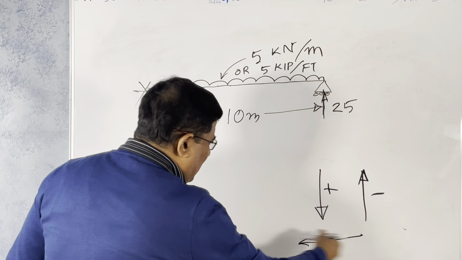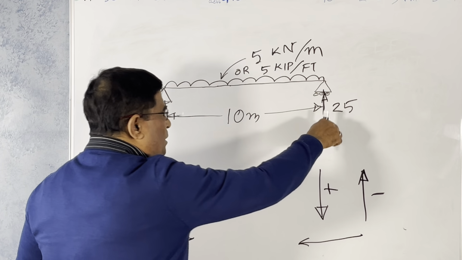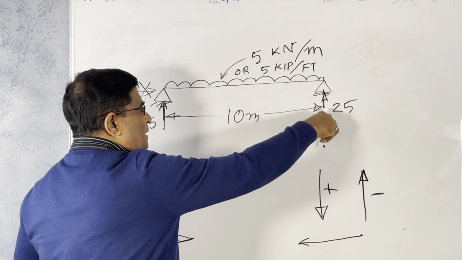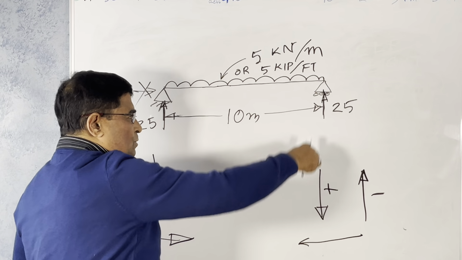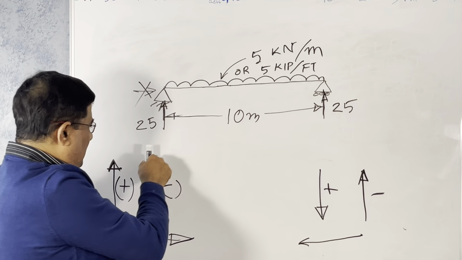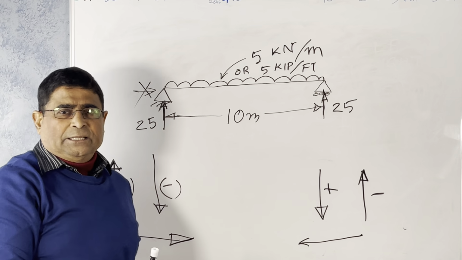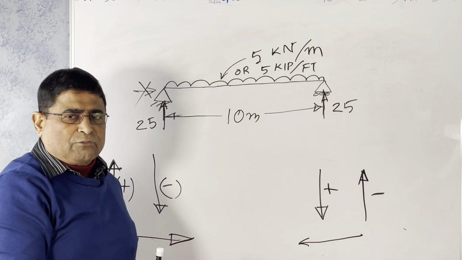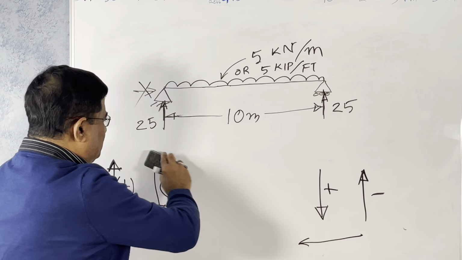If you are calculating from there, all upward force is negative. This force, if you consider the shear force from this end, this 25 will cause a negative shear force. But here on the left side, if you are going this way, 25 will cause a positive shear force.